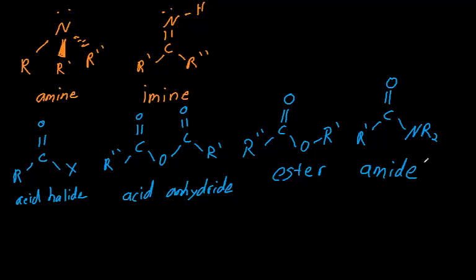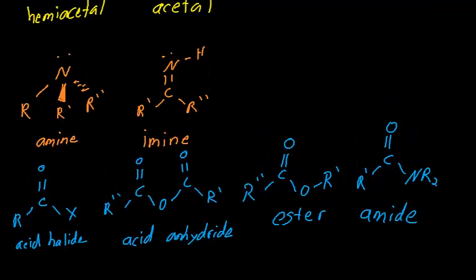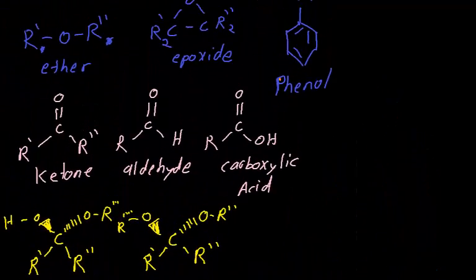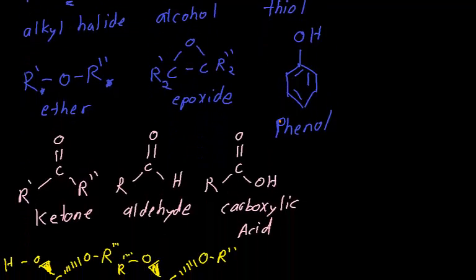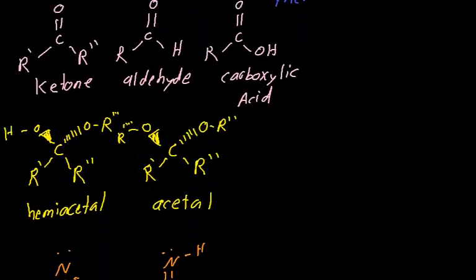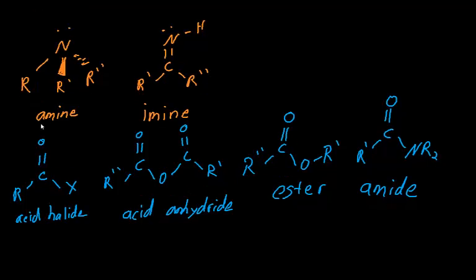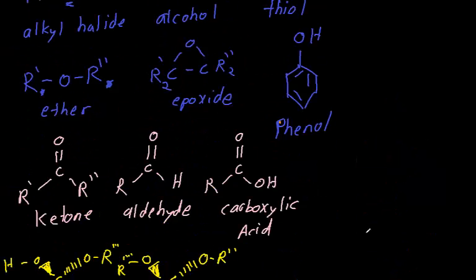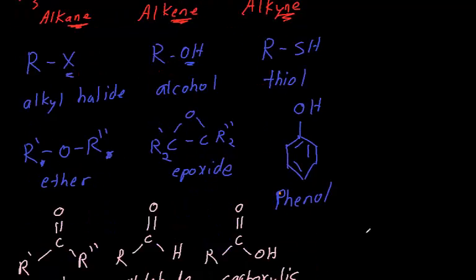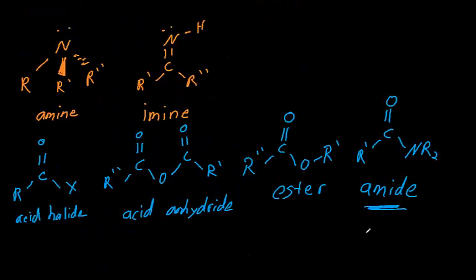Okay, so those are the most common functional groups. I would highly recommend that you memorize them all. I tried putting them in color groups the way I like to think about them together, so that might help you. Be careful not to confuse things like amines with imines, or some people confuse amide with amine or imine as well.